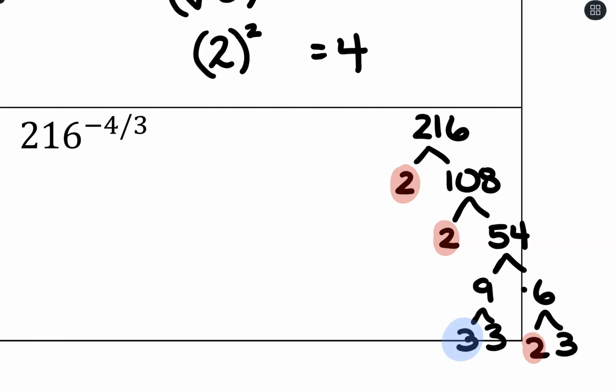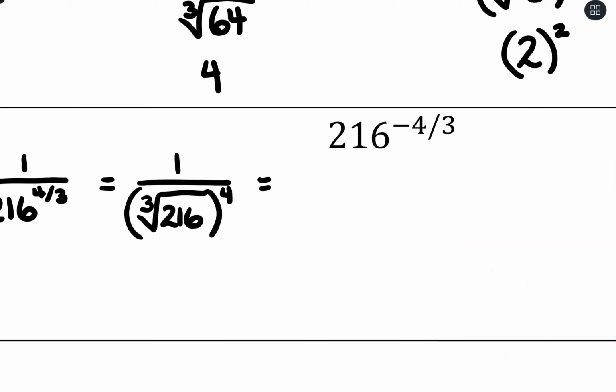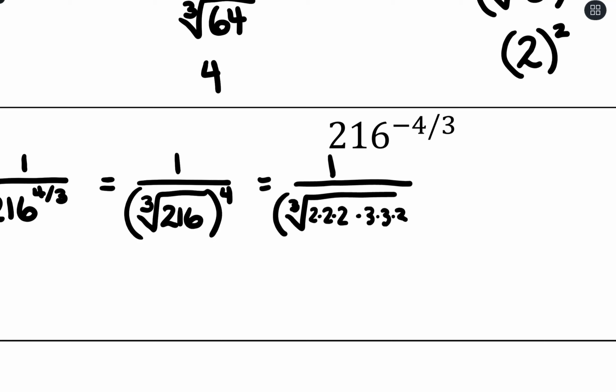I also have a threesome of 3s. So what I could do to help me out here, I'm going to write in long form, but you could probably do it from that step there. I could write this as the cube root of 2 times 2 times 2 times 3 times 3 times 3. And then all of that is being raised to the 4th power.